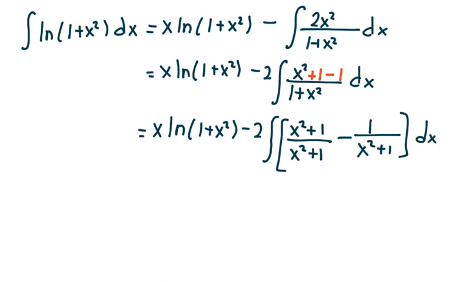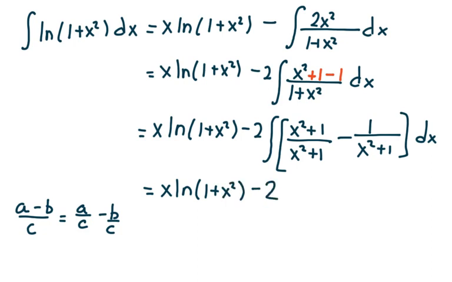I use this idea: if I have a minus b divided by c, this is a over c minus b over c. So I could split the fraction. But remember, x squared plus 1 over x squared plus 1 is 1.